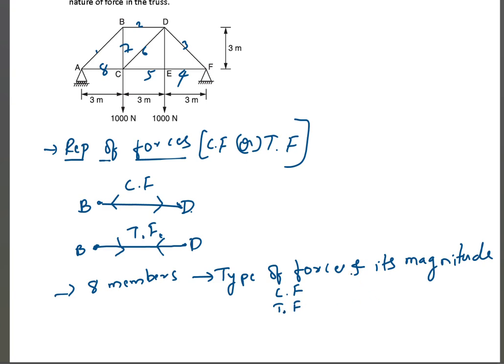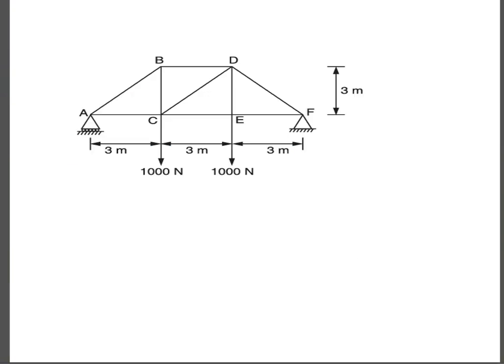Magnitude means what amount of force is present in the member. So now we have to calculate the member forces for each member, right? So now let us start finding the member forces.